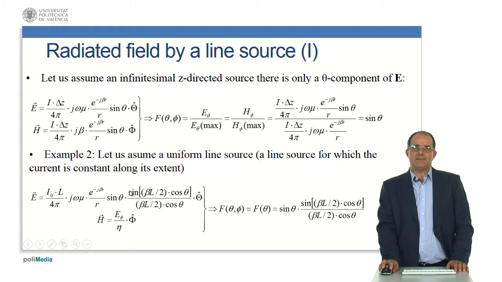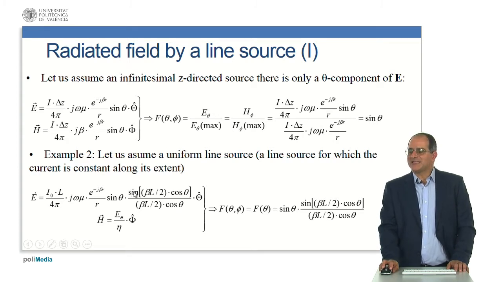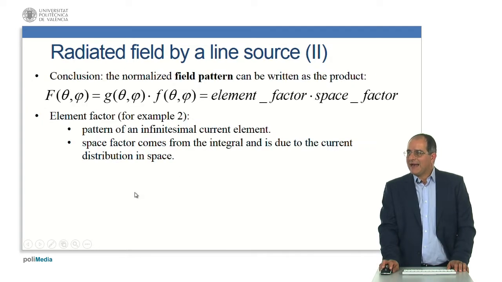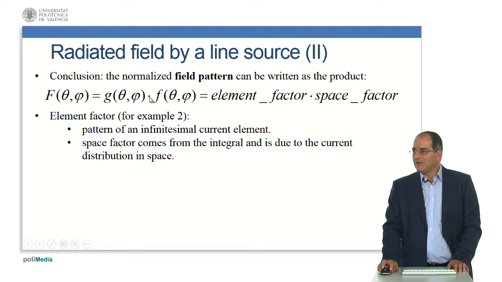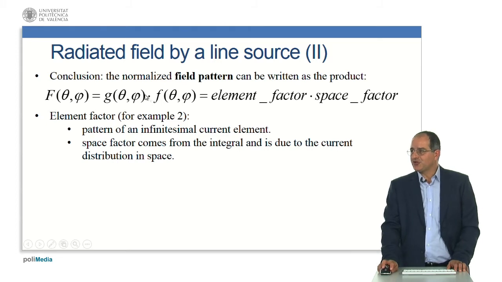This is the most important conclusion from these slides, because I can say that the electric and magnetic radiated field, or the field pattern of any line source antenna, is given by the product, according to the property of the Fourier transform that the convolution integral in the Fourier domain is transformed into the product between the two contributions.